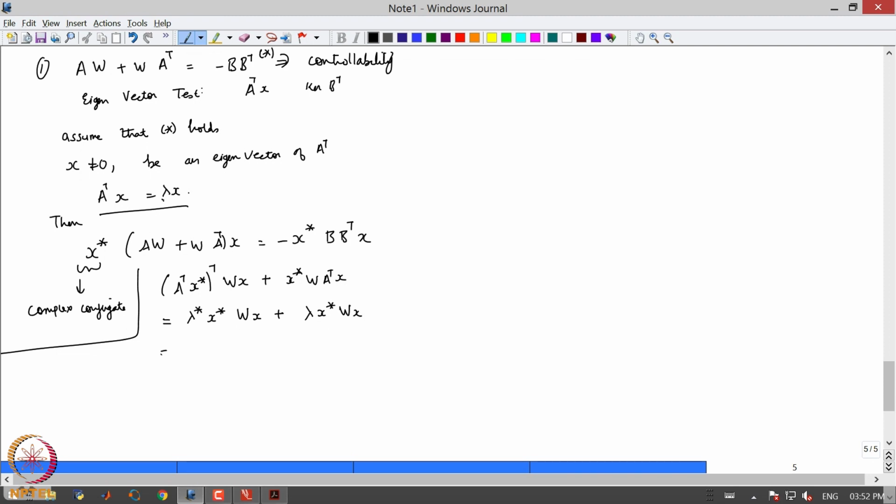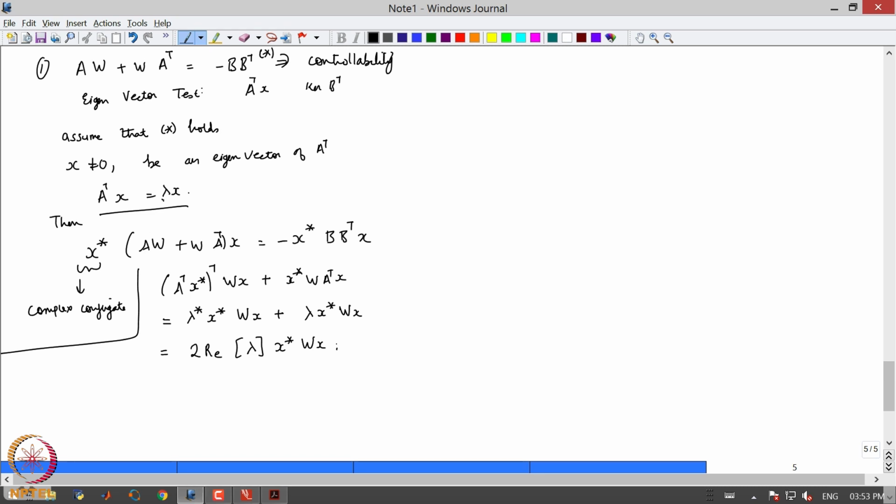This is almost like adding up a complex number and its conjugate, right. So, what I am left with is just twice the real part of lambda times x star W x.